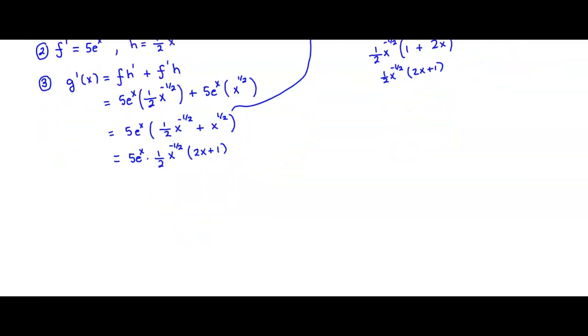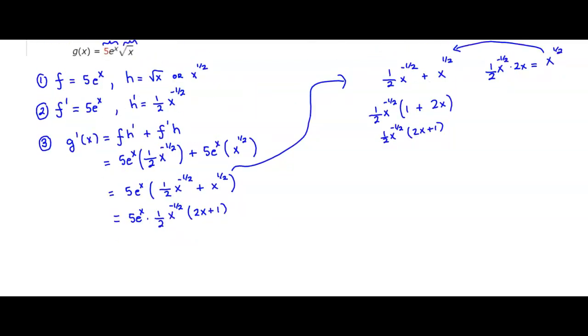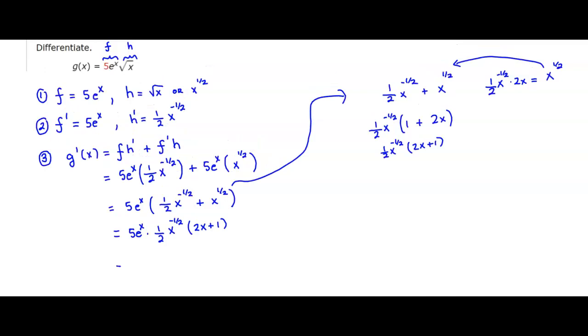And so here, if we wanted to, we can just go ahead and multiply the constants. So we have 5 over 2 e to the x times x to the negative 1/2 times 2x plus 1.